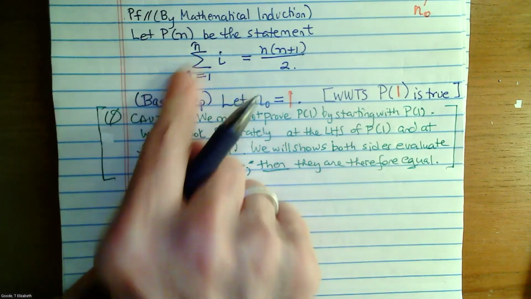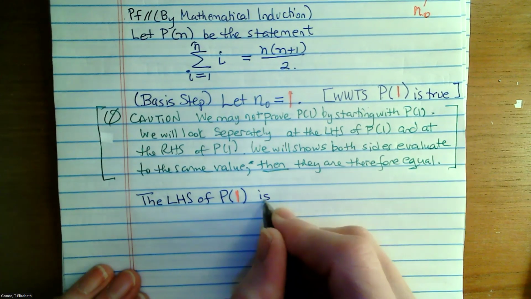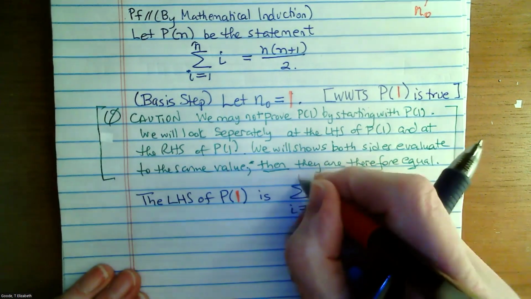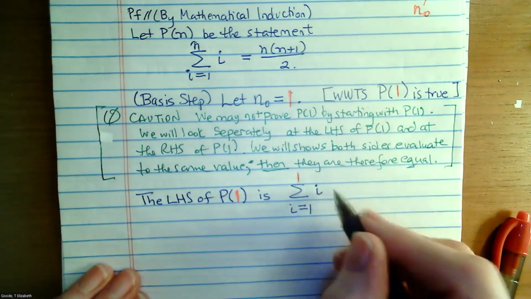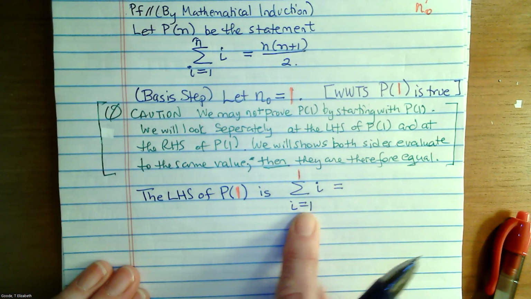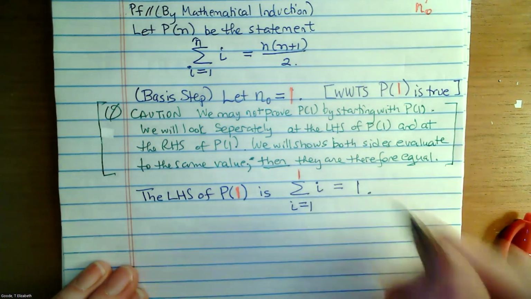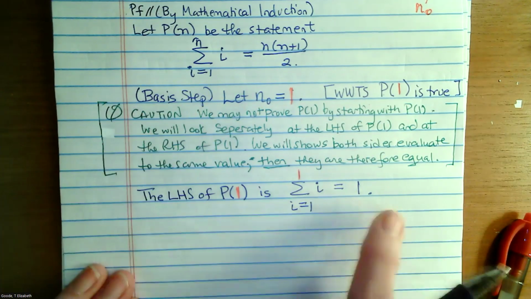So everywhere we see an n, instead put a 1. So it is the sum from i equals 1 to 1 of just the indexing variable i. Well, that's just a single term when i takes on the value 1. That's all it is. It's just 1. Great. So the left-hand side of P of 1 is just 1.